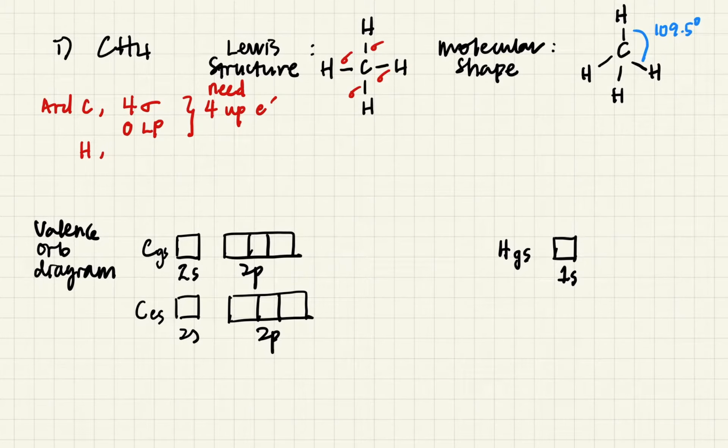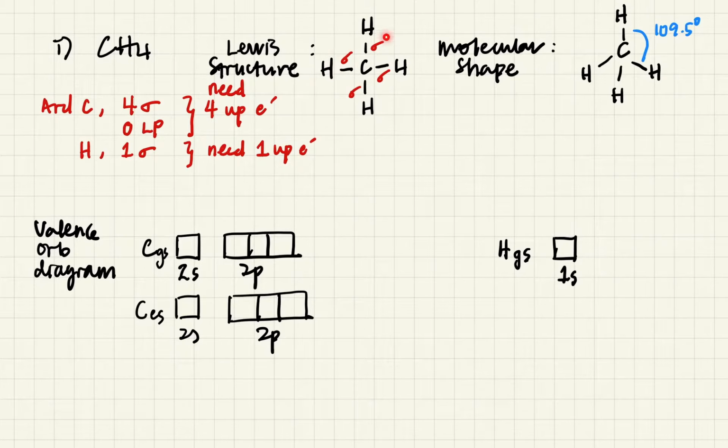So each of the hydrogen has 1 sigma. Okay, right? That means each hydrogen will need 1 unpaired electron. Okay, alright.